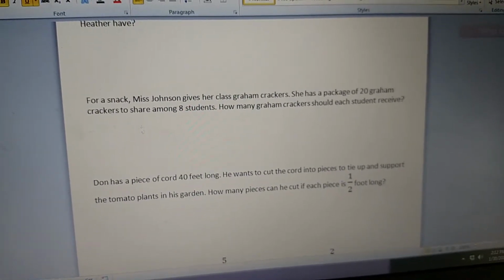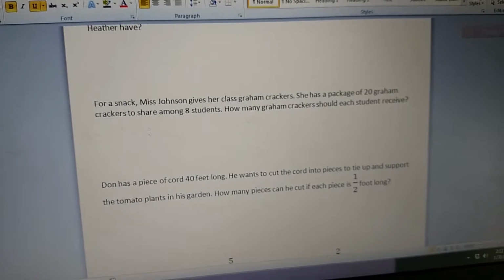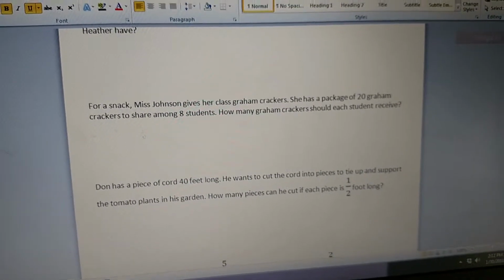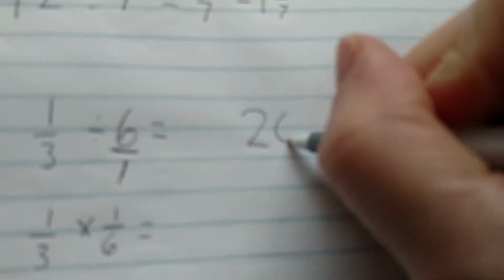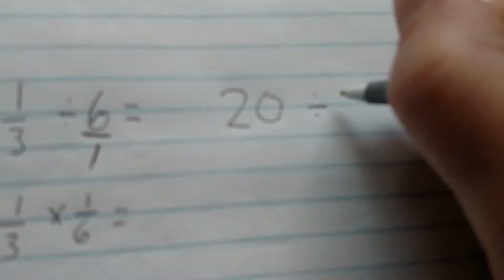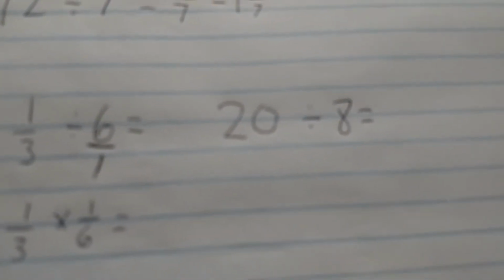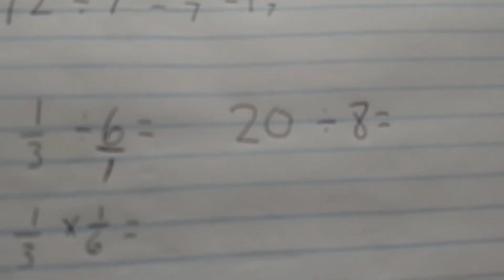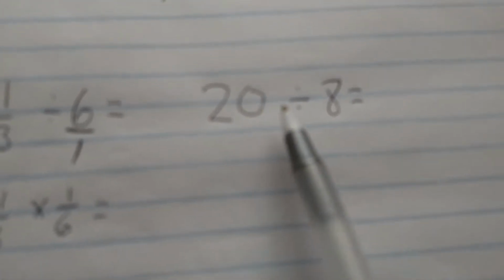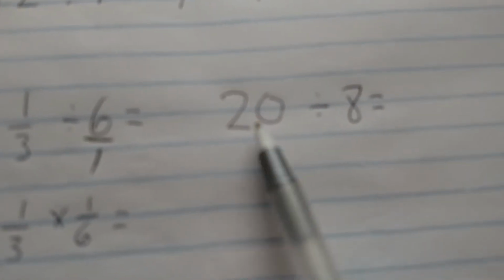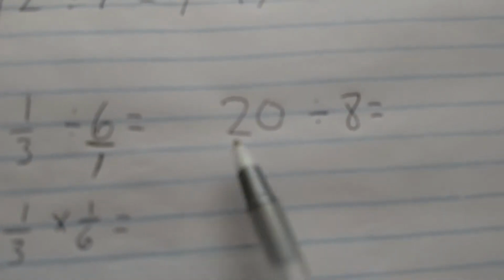So if we do it as a division problem, because we're sharing, we have 20 graham crackers that are being divided by 8 students. So we're going to write this, 20 graham crackers are being divided by 8 students. And that's how it's going to look. And we can do this problem numerous different ways. But I showed them before that whenever you're dividing 2 whole numbers and you can't put 8 into 20 equally, you'd have a remainder.